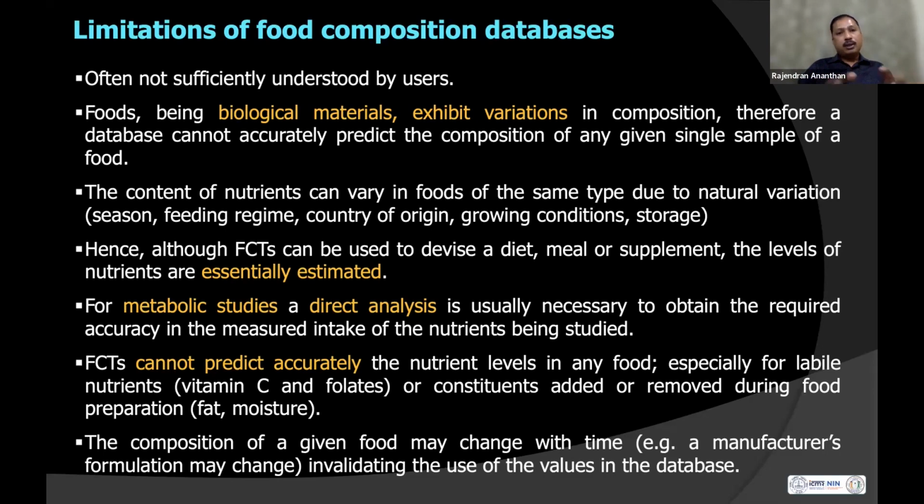And these kinds of foods, both plant as well as animal foods, are all biological materials. All biological materials will exhibit some kind of variation, due to so many reasons: the growing conditions, the soil types, or the variety. So there are so many factors that give these kinds of biological variations.